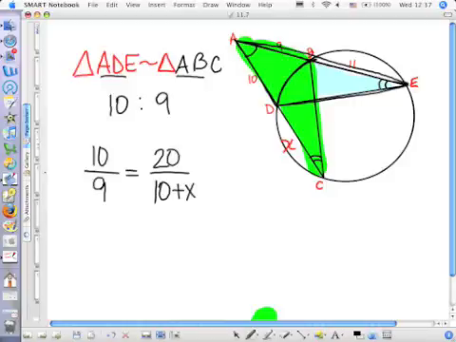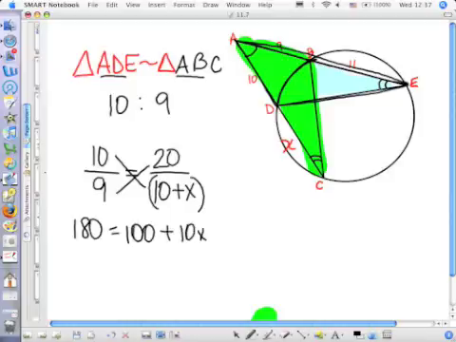And how do you solve the proportion? Cross multiply and divide. 9 times 20 is 180. When you multiply 10 times this sum, you have to realize this is in parentheses and you distribute. So you have 100 plus 10x. Then you solve the equation.